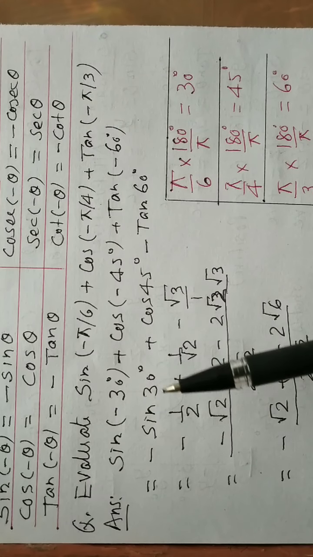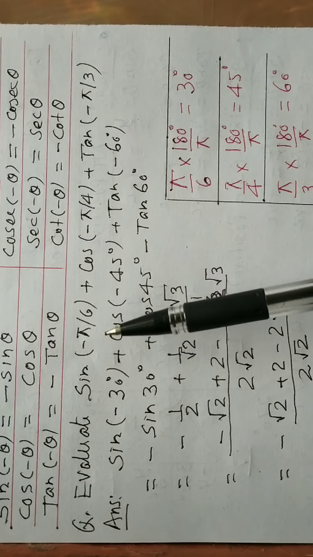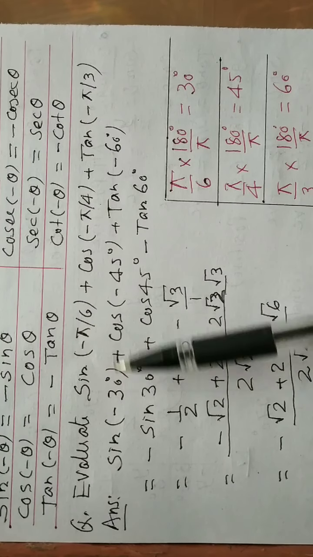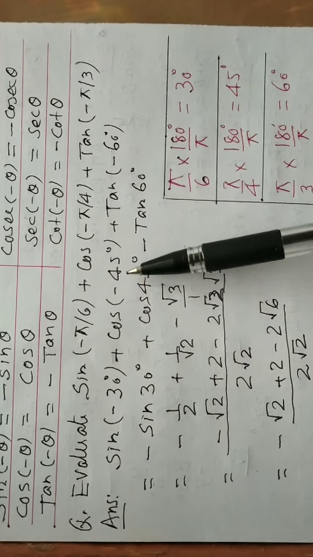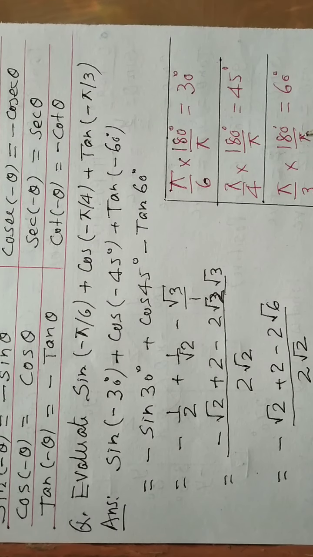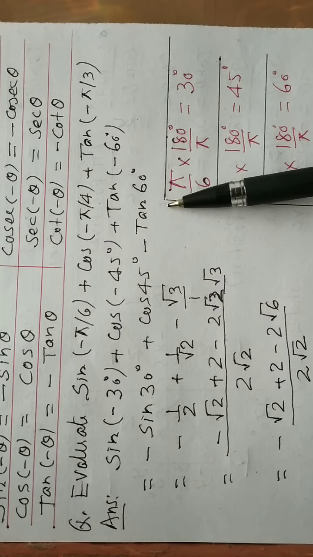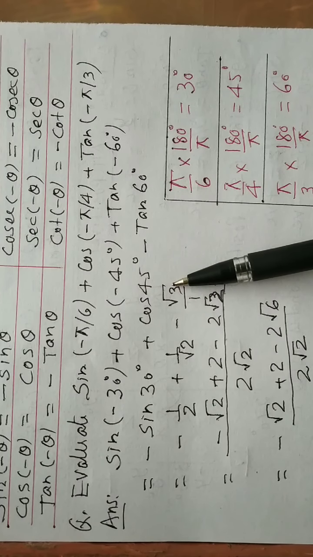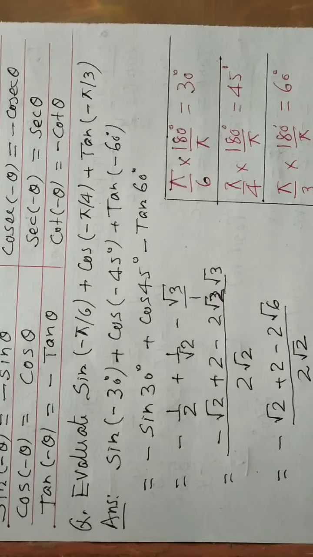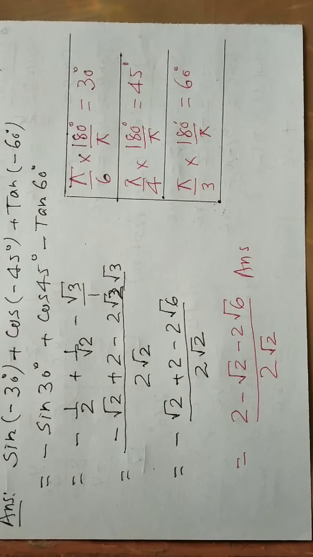So these are sin minus 30. Pi by 6 becomes minus 30, pi by 4 becomes 45 minus sin, tan pi by 3 becomes 60. After that, take out the negative sign from sin and tan, but in case of cos, the negative disappeared. Now simplify these values. Taking LCM, we get the final answer, this.